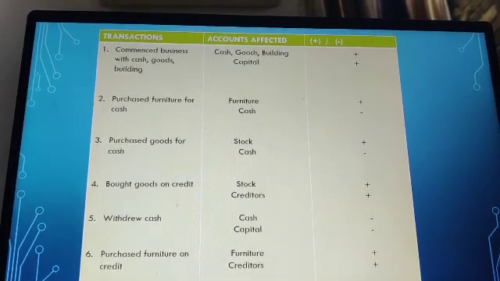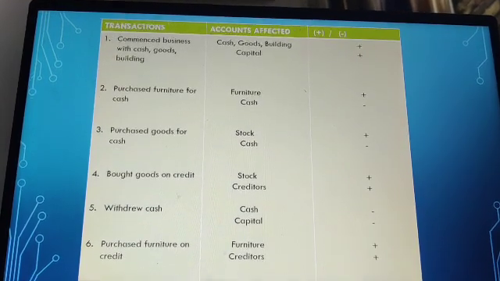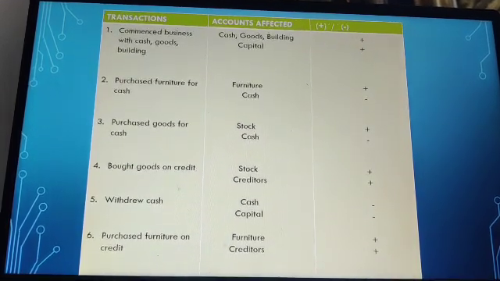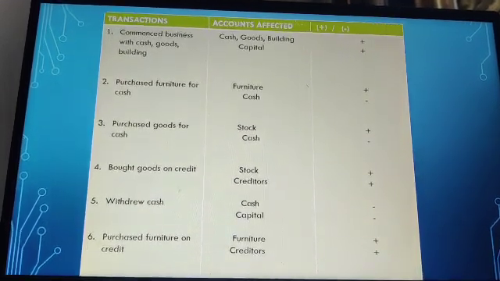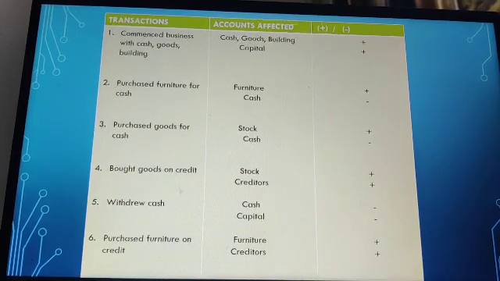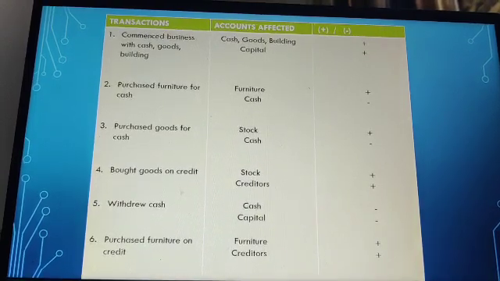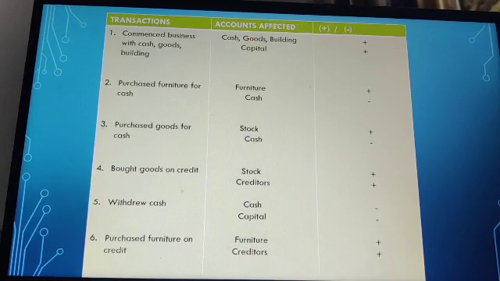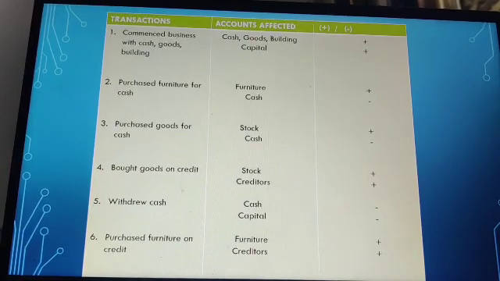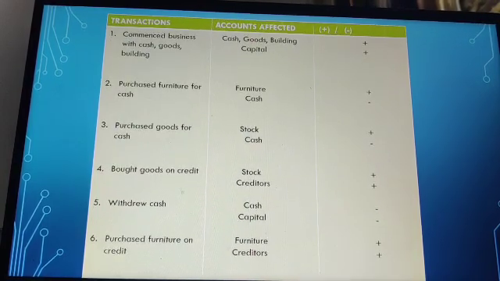And in capital you are going to sum up all the amounts together, because all these things are invested during the commencement of the business. That is why we are going to add the amount of cash plus goods plus building under your capital section.